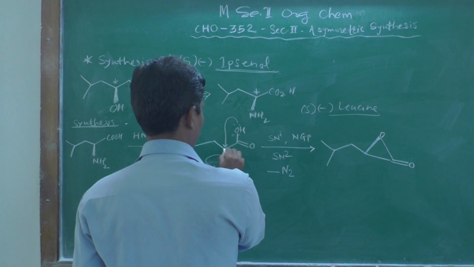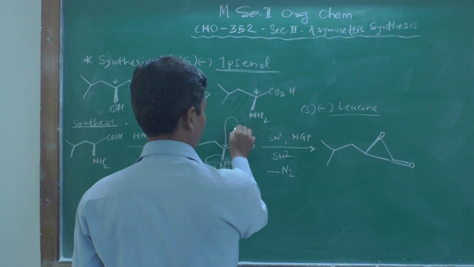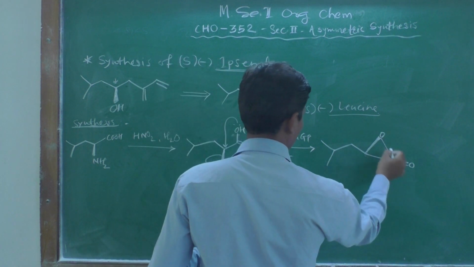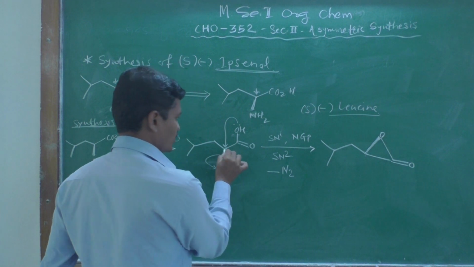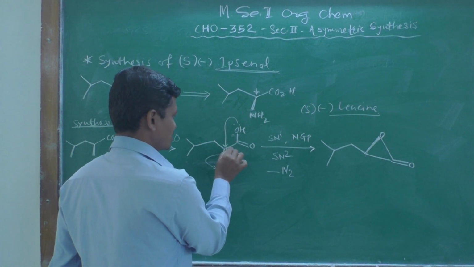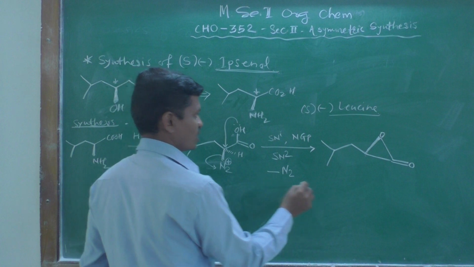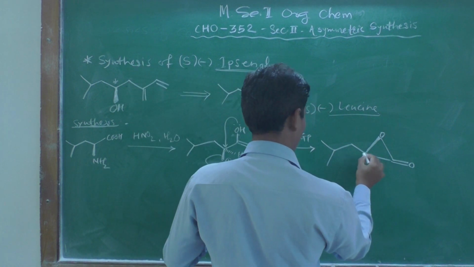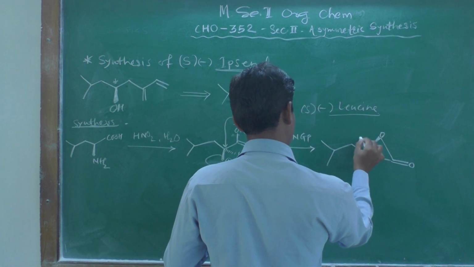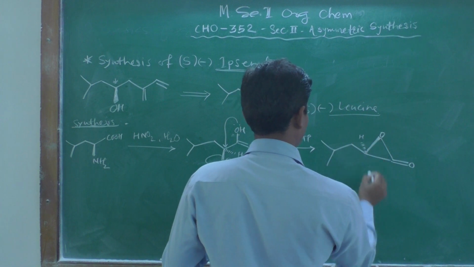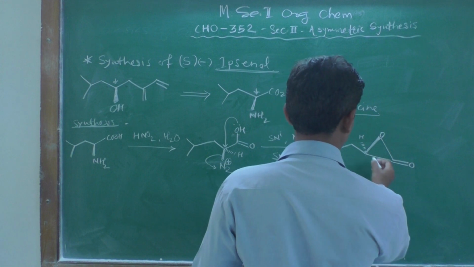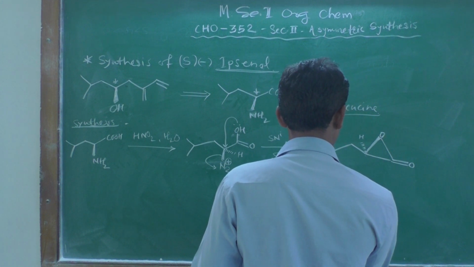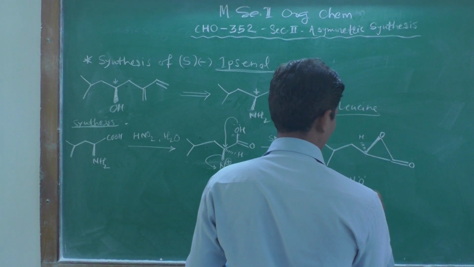So first carbon, second carbon, and third atom is the oxygen atom, and there is a carbonyl. As NH2 was beta, hydrogen is alpha here. So hydrogen remains alpha here. Now this intermediate will be opened by attack of a water molecule.